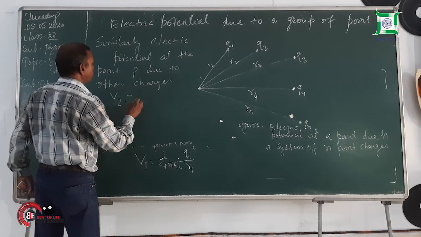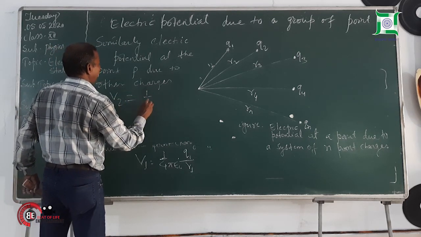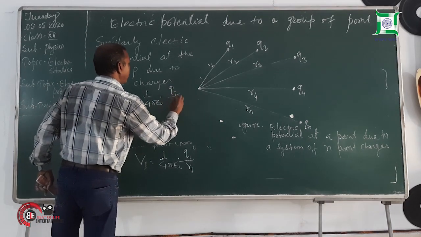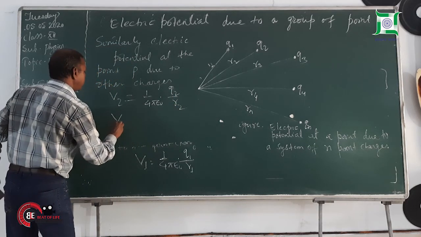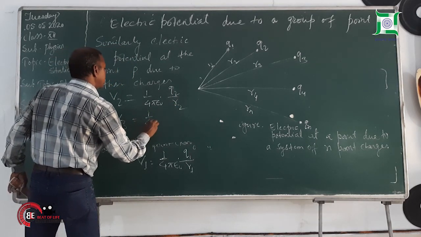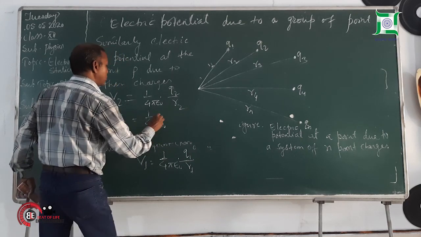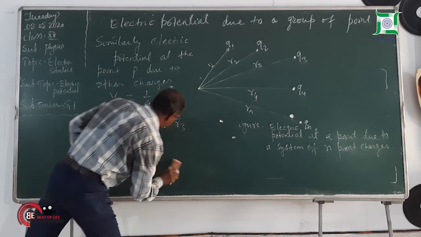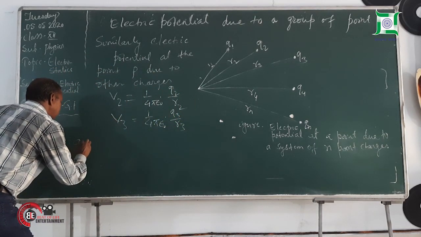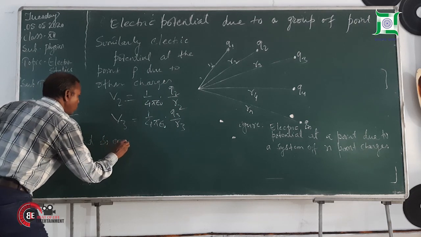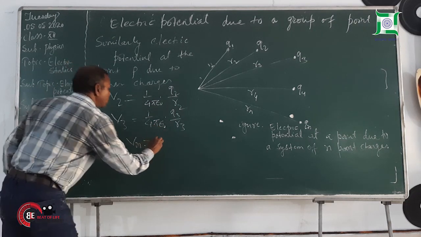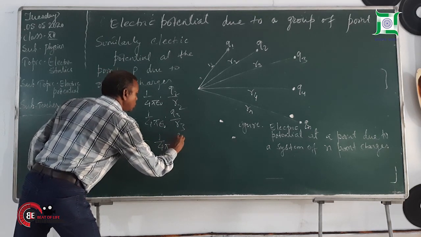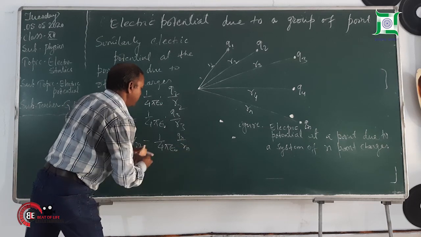V2 is equal to 1 by 4 pi epsilon naught into Q2 by R2. V3 is equal to 1 by 4 pi epsilon naught into Q3 by R3, and so on. Vn is equal to 1 by 4 pi epsilon naught into Qn by Rn.